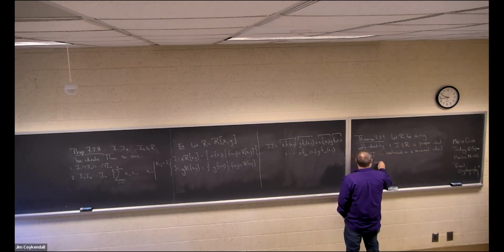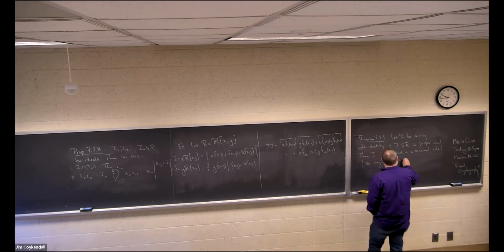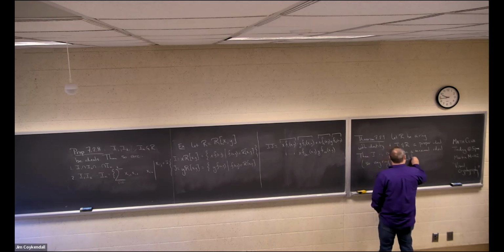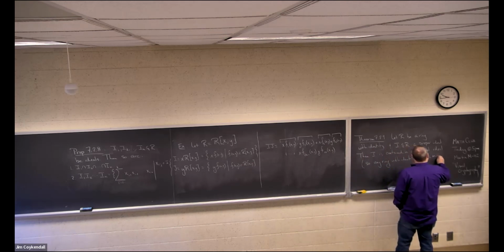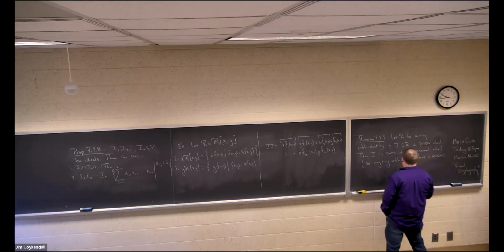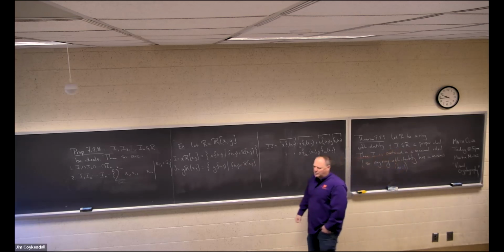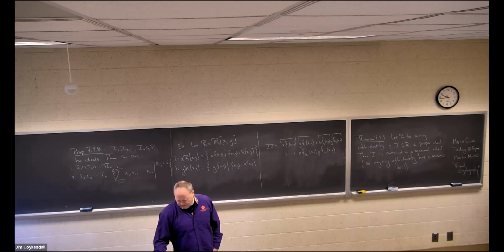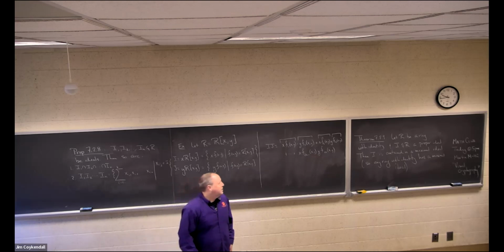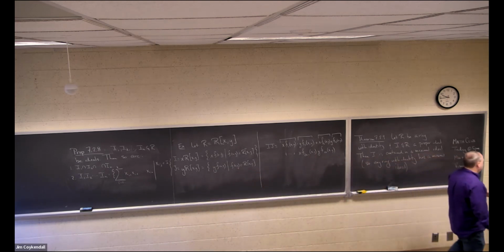So any ring with identity has a maximal ideal. This is a very fundamental theorem in commutative algebra, actually, that any ring with identity has a maximal ideal.